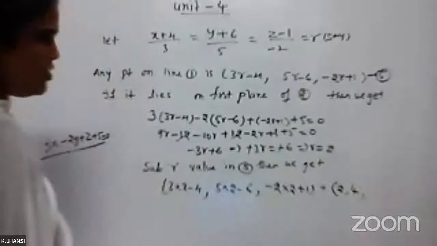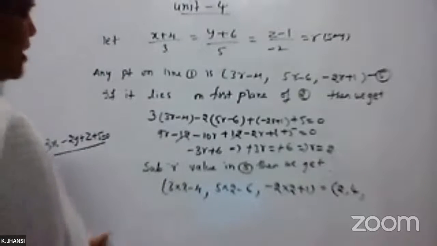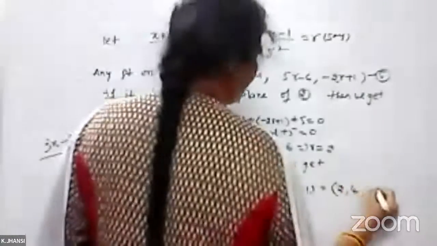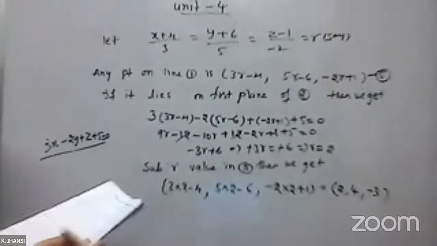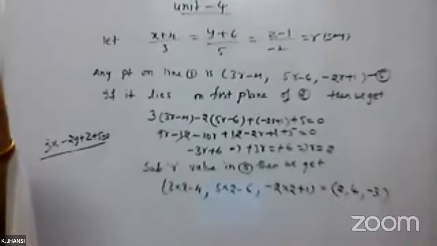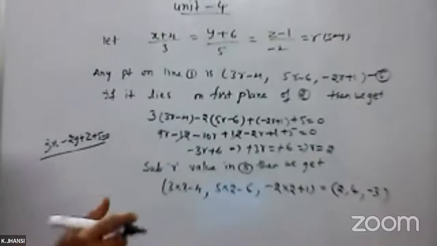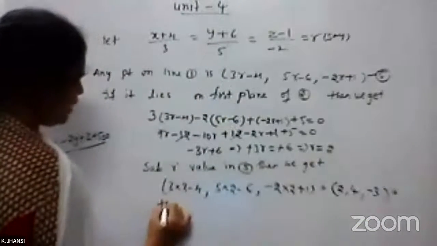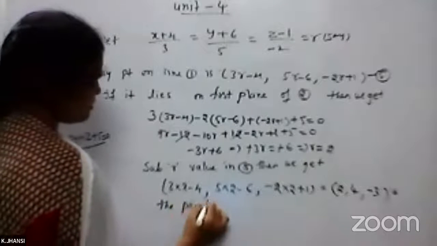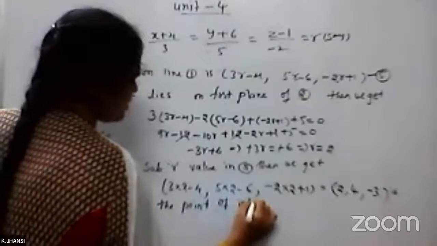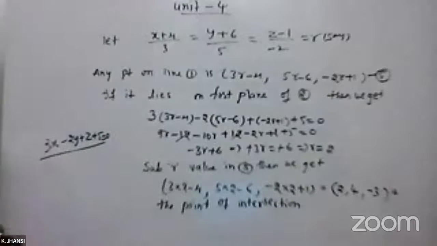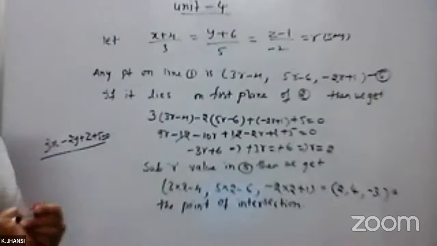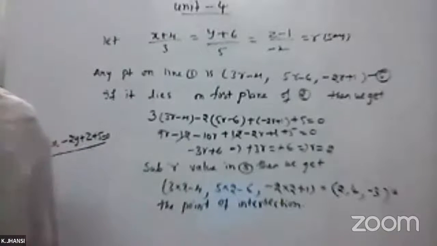And this is minus 2 into 2 is minus 4, plus 1 is minus 3. Okay, the point of intersection is (2, 4, -3). Okay, so this is the procedure to find it when one symmetrical and one unsymmetrical equation is given.